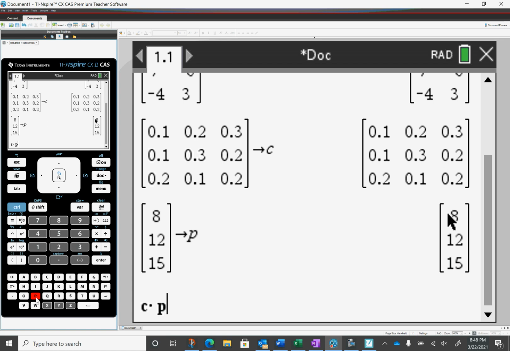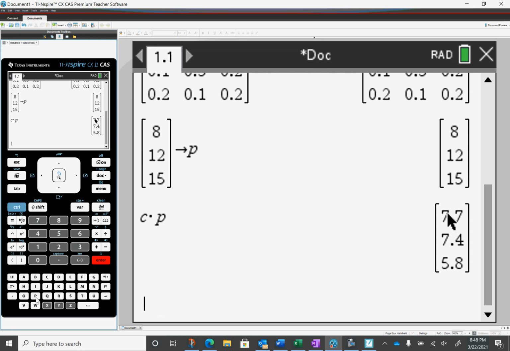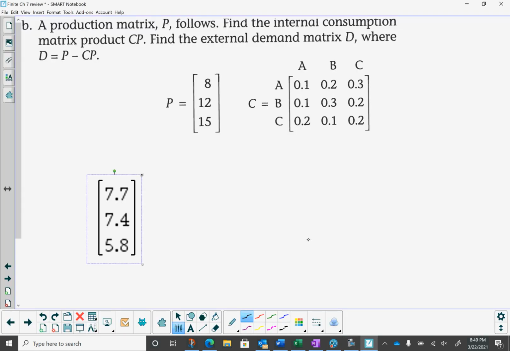That's how I know, yeah, I'm using the right ones. So then the internal consumption matrix product here, again, this is for A, B, and C.